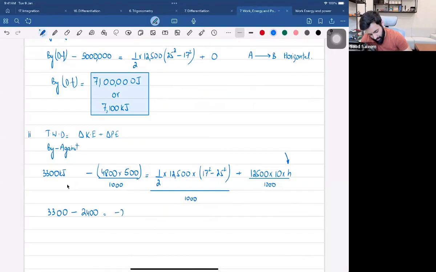So that's minus 2,100, plus, we cross out the 3 zeros, 125 H. Yeah, I think now we're good. So 3,300 minus 2,400 is 900, plus 2,100 is 3,000. So 3,000 kilojoules is equal to 125 H. Let's divide 3,000 by 125. And now we're getting the correct answer, which is 24 meters.